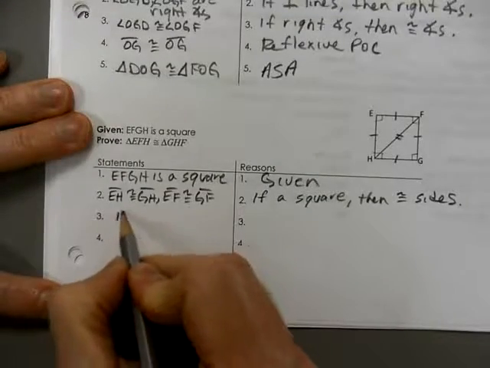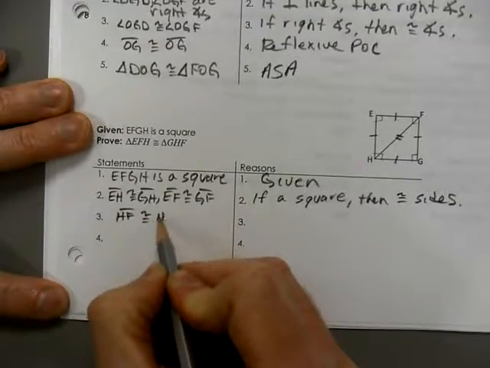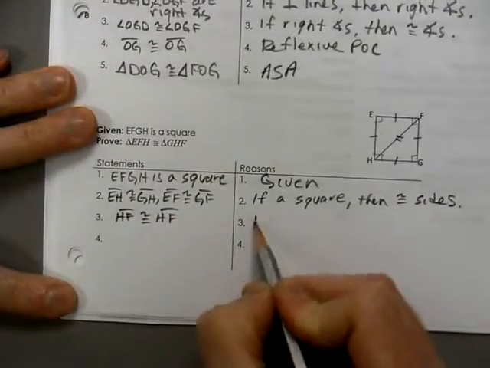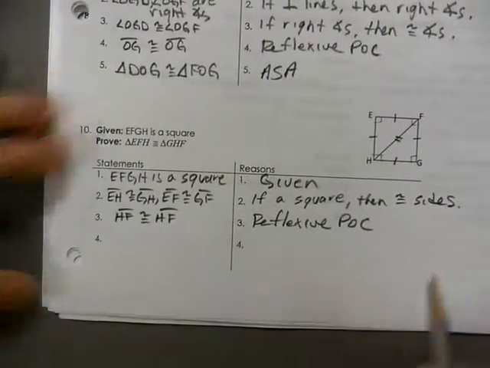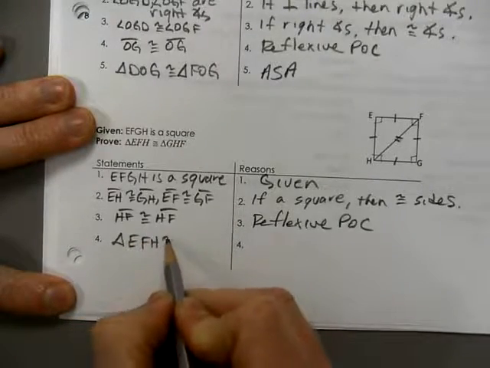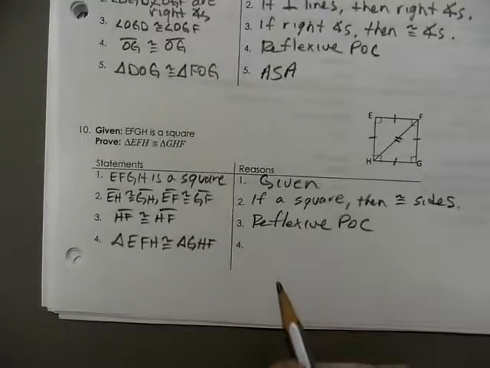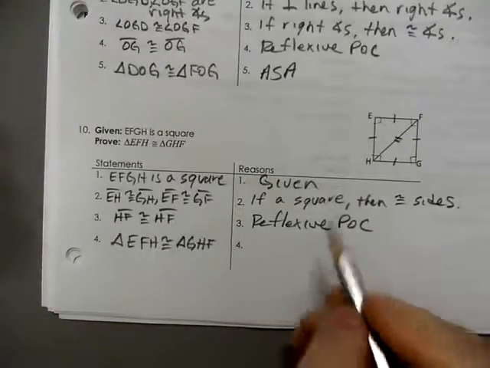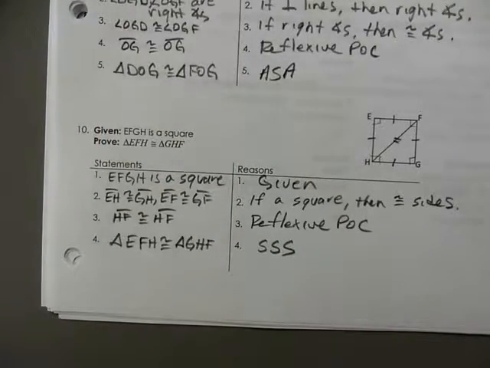Then we're going to talk about how HF is congruent to HF. Reflexive property of congruence. And then we, of course, have our triangles that are congruent using side, side, side congruence.